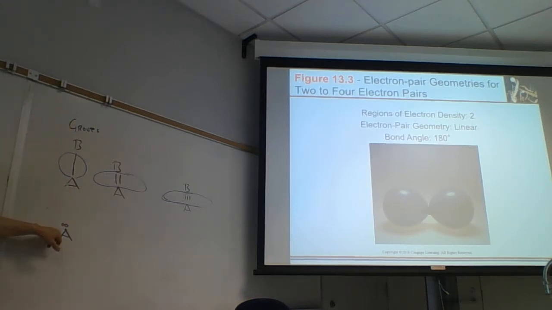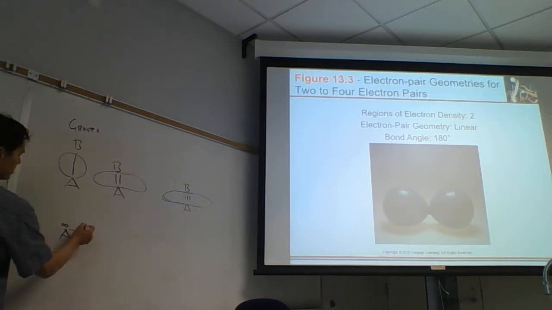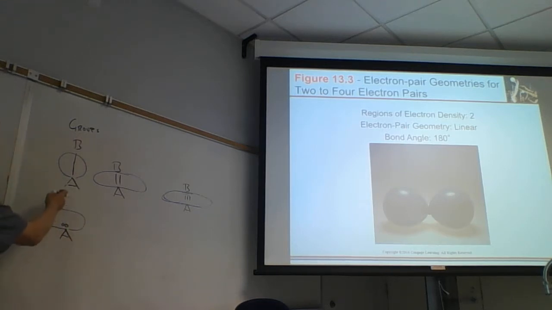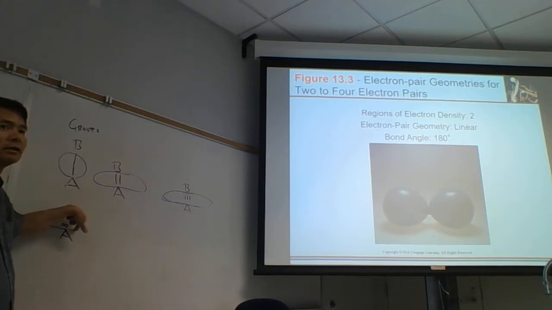This balloon here is only being pulled towards one atom. Which atom is it being pulled towards? A. And so here, this balloon is going to be much tighter, much closer to A. There's no other atom pulling on the balloon. And so as far as balloon goes, a lone pair is kind of comparable to a double bond in terms of balloon size.